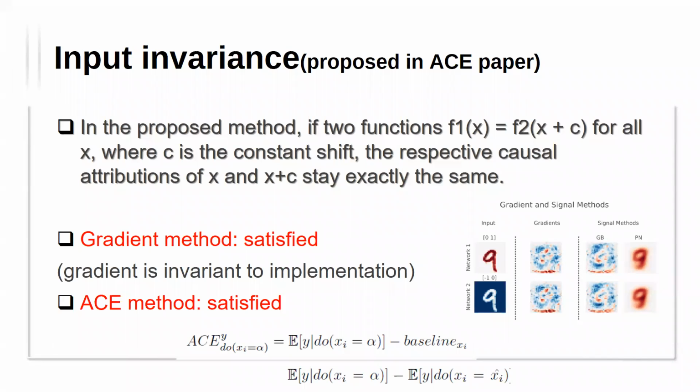So the gradient method satisfies this axiom. And remember, before we talked about how gradient is invariant to implementation. And they also did the experiment.